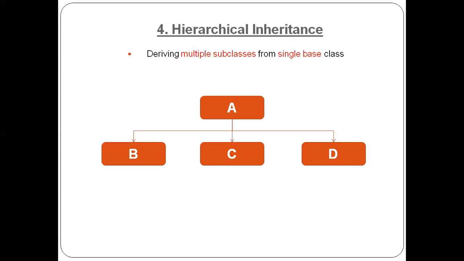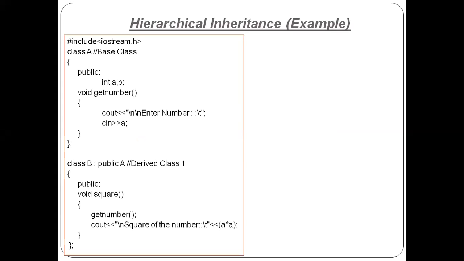For that purpose, we have to create the object of each and every class, and with the help of that, we are going to access the method which is available inside class A. So just look at the example.